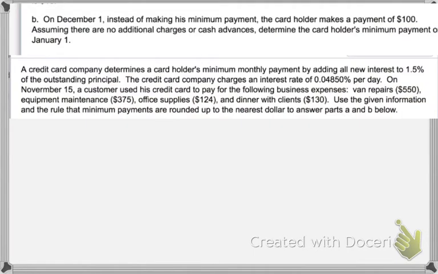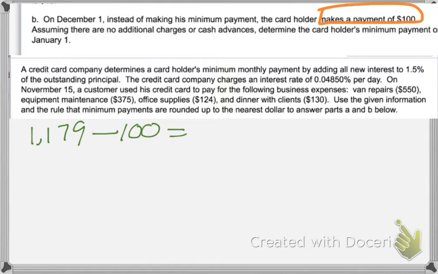Now, part B of the question says, assume that instead of paying the minimum payment, which was only $18, he makes a payment of $100. As you'll recall from the previous question, he actually spent $1,179. Now he paid off $100 of those dollars, and as long as you pay it off by the first month, the credit card company doesn't charge you any interest.